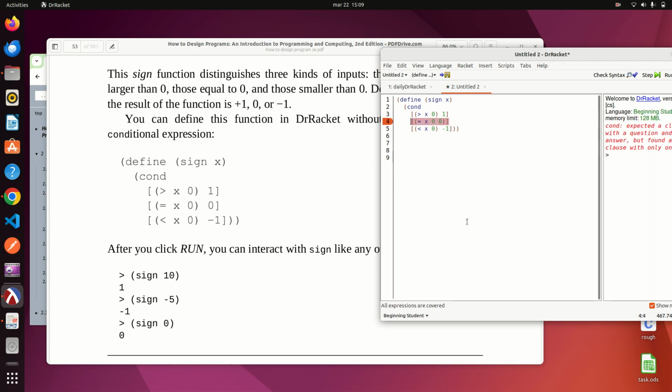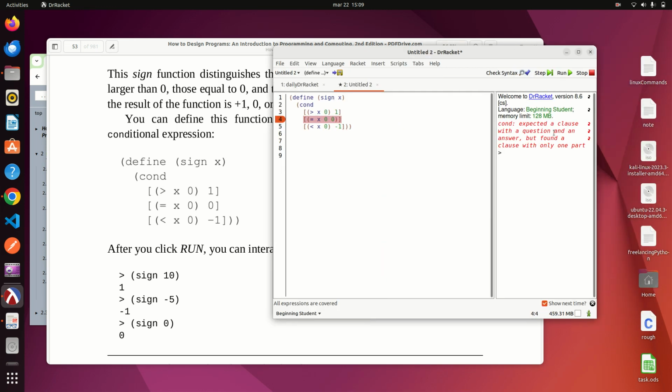What's the problem here? Expected a clause with a question and an answer, but found a clause with only one part. Okay, so it expects a question and an answer. Oh yeah, this is the problem. It's basically saying if x is equal to 0, then the answer is 0.